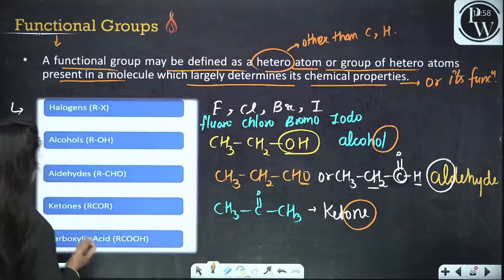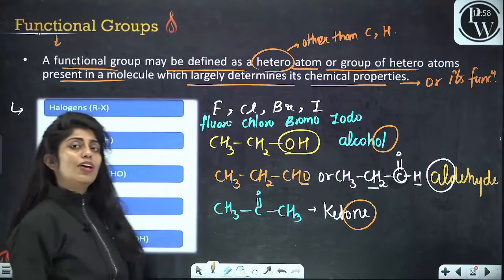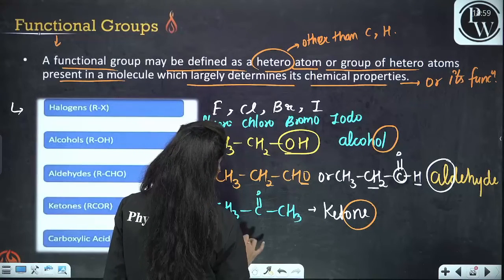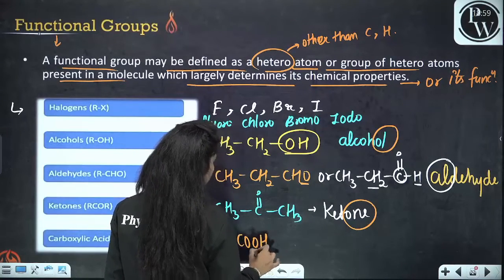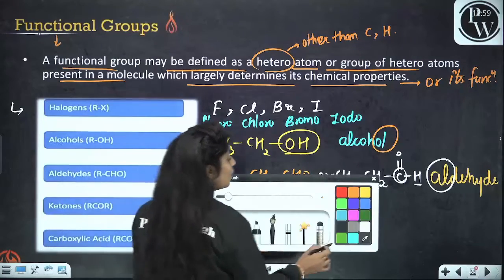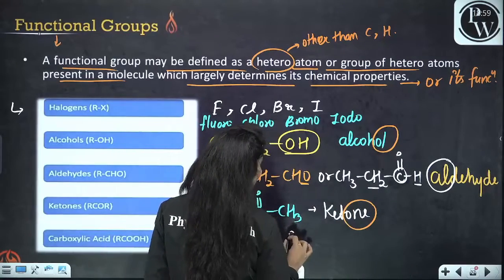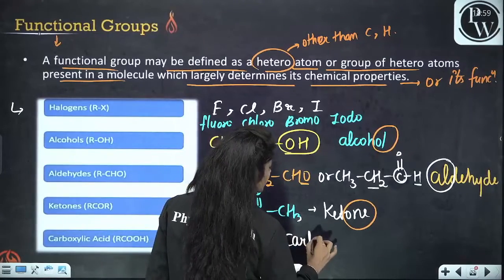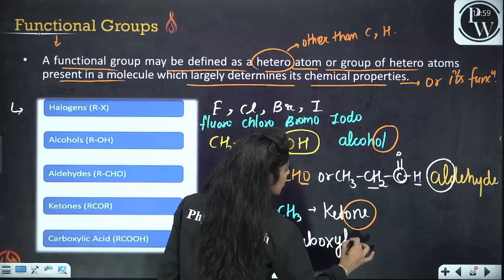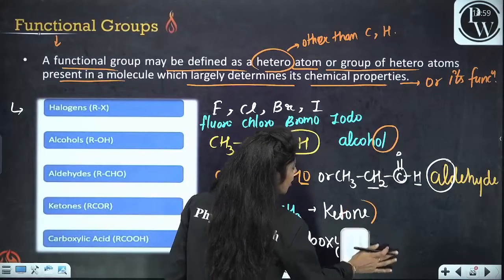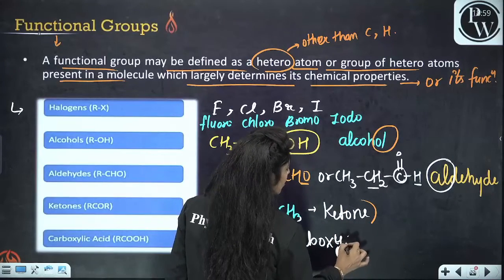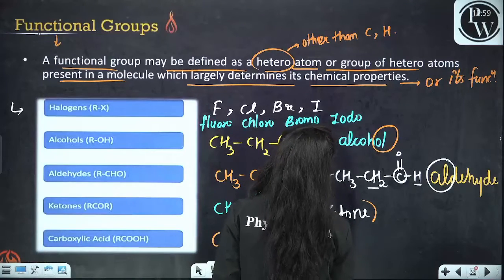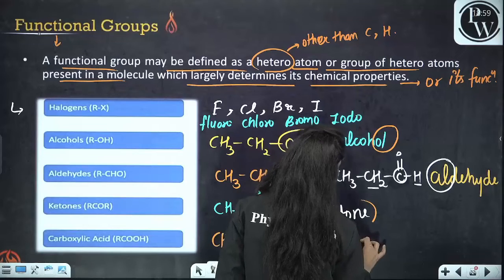Now, last but not the least, we have the carboxylic acid group. Suppose we have CH3, COOH. I have seen this. Now, how can I name it? I can write it as carboxylic acid.